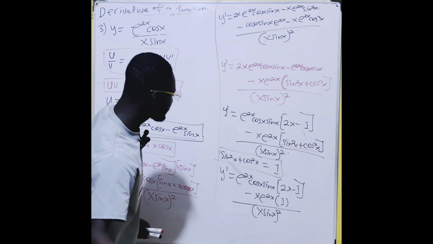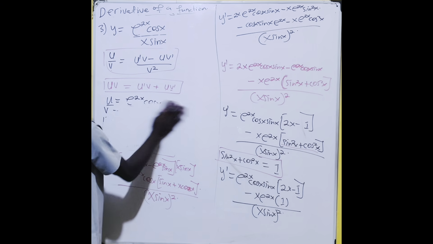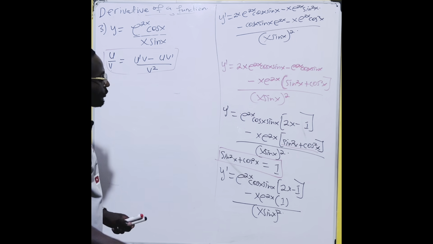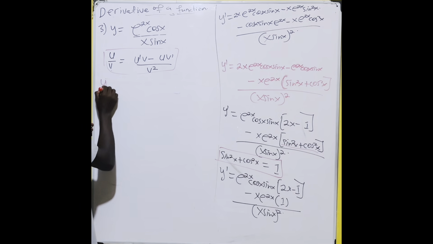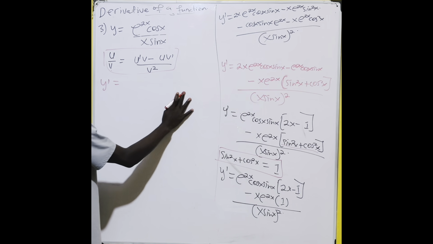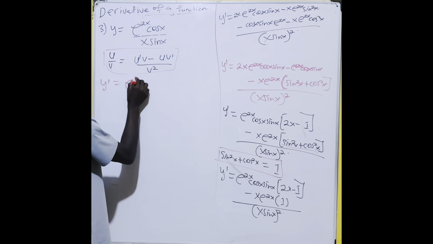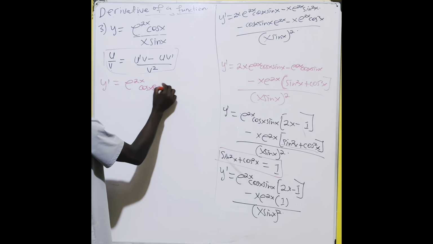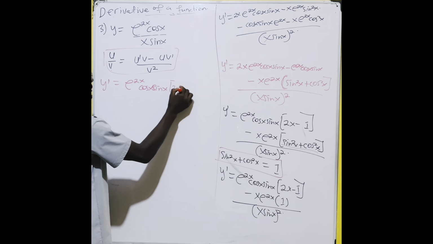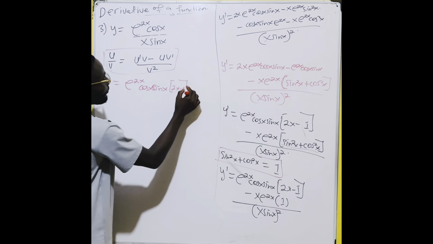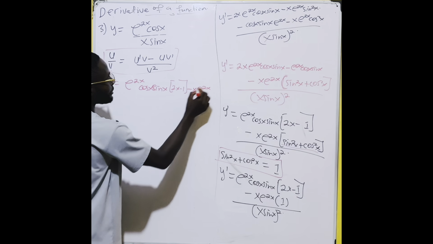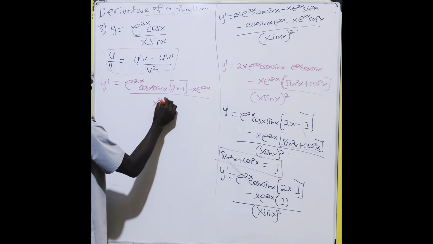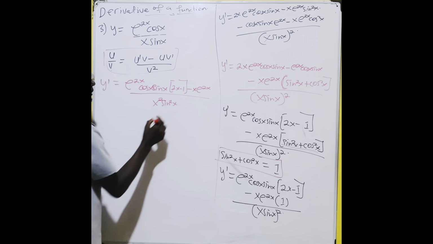Okay, so we come up here, and then we have y prime equals e to the 2x cos x sine x into 2x minus 1 minus x e to the 2x, divided by x squared sine squared x.